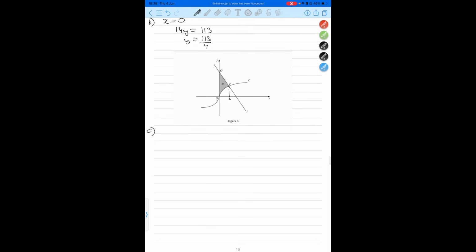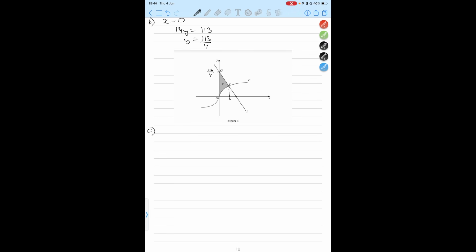That point there is 2. We also now know this point to be 113 over 14. If we find this point here, we've got a triangle. Then we can subtract this kind of curved shape here, and we'll get our area R.